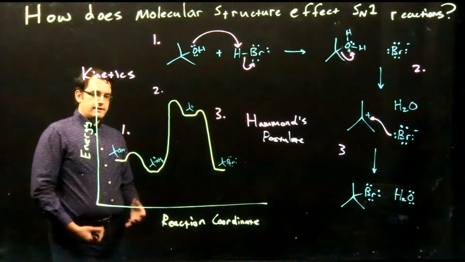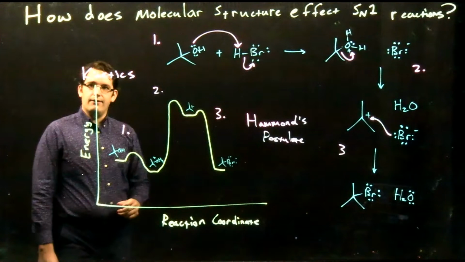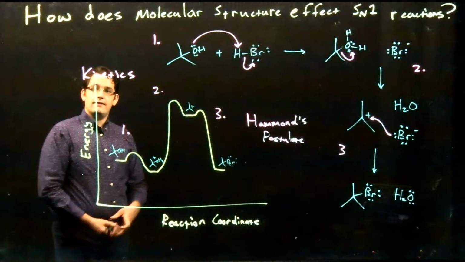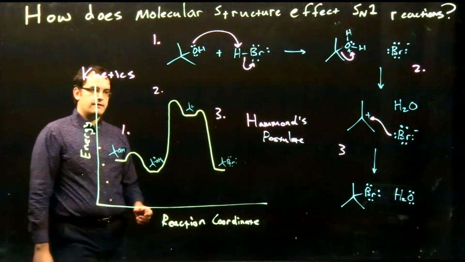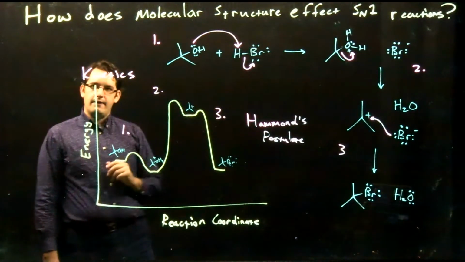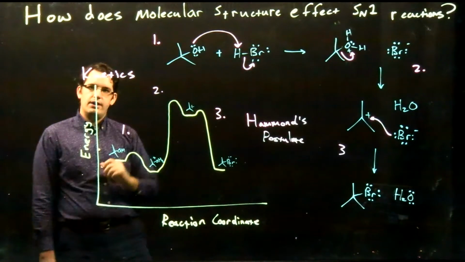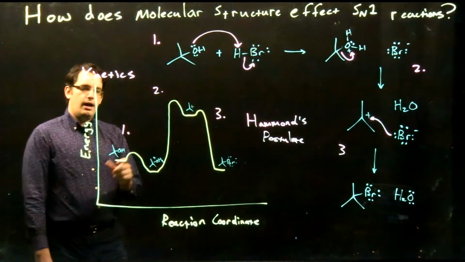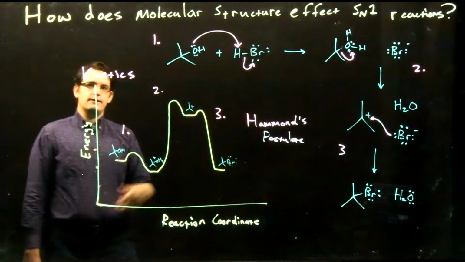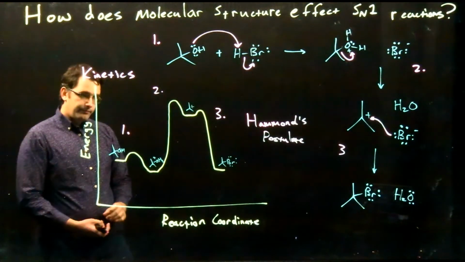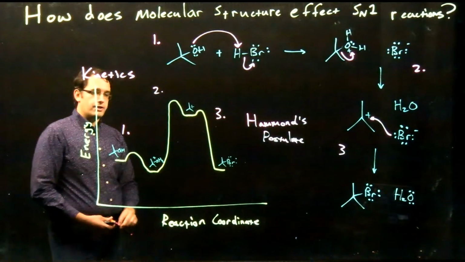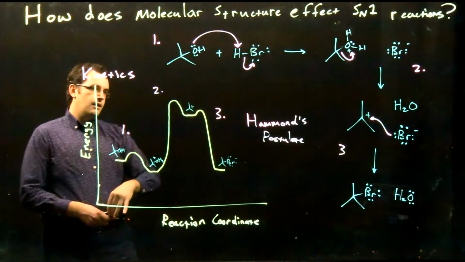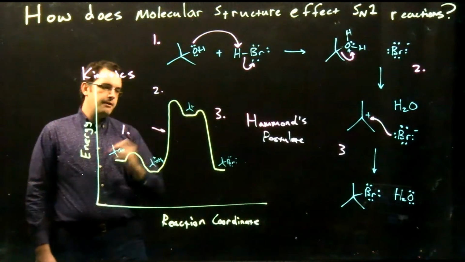So what this shows us is that we actually have different energy levels based off of our different structures, and this is also going to affect our rate, right? Because our rate is determined by the size of these hills, these activation energy barriers, between our different compounds and our intermediates and our final product. Now in the case of our SN1 reaction, we have, of course, this huge hill here leading to our carbocation.